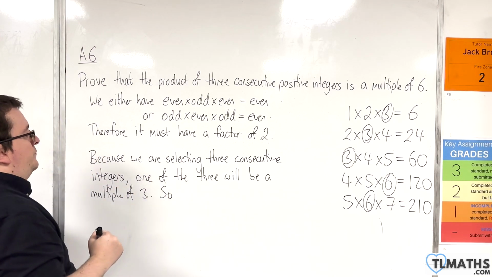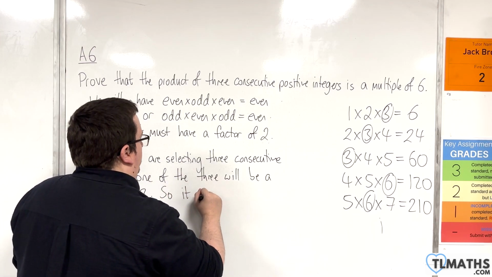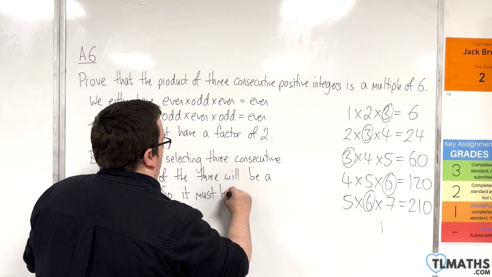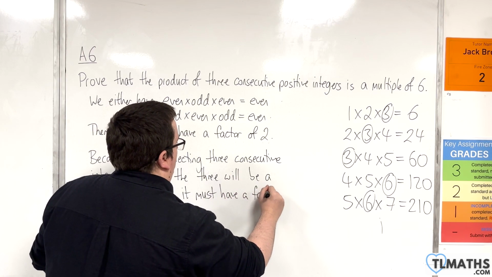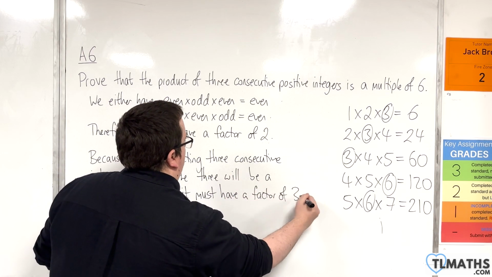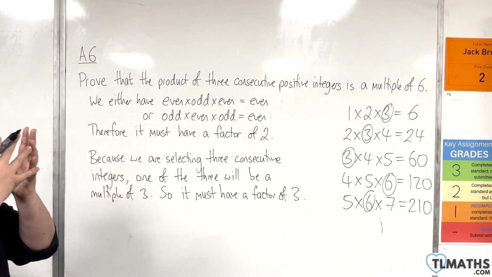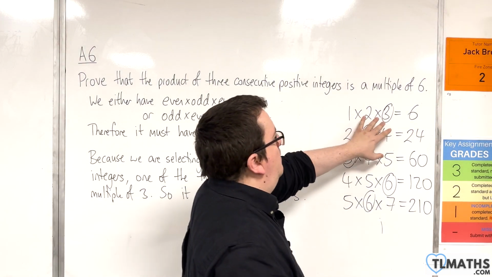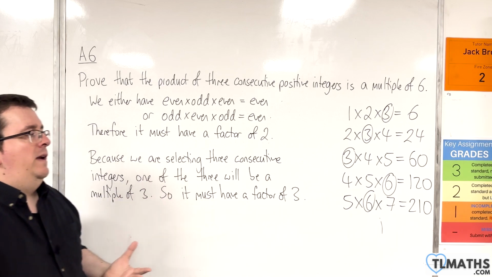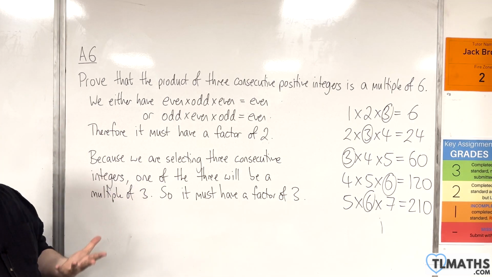So it must have a factor of 3. If one of your 3 numbers is a multiple of 3, then the whole thing has to have a factor of 3.